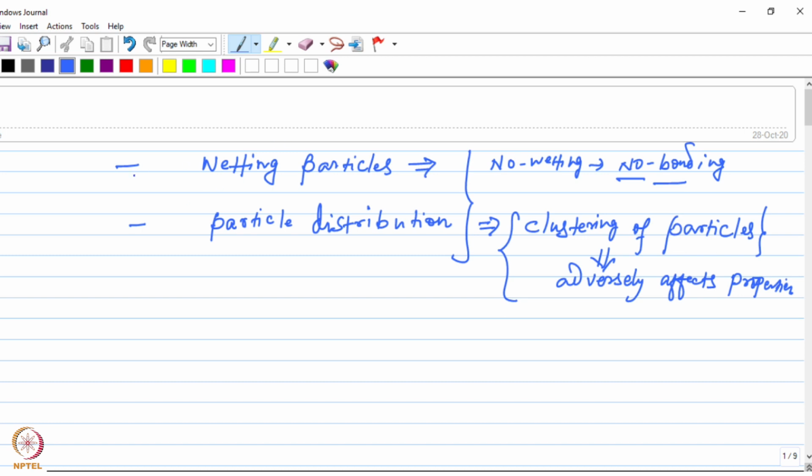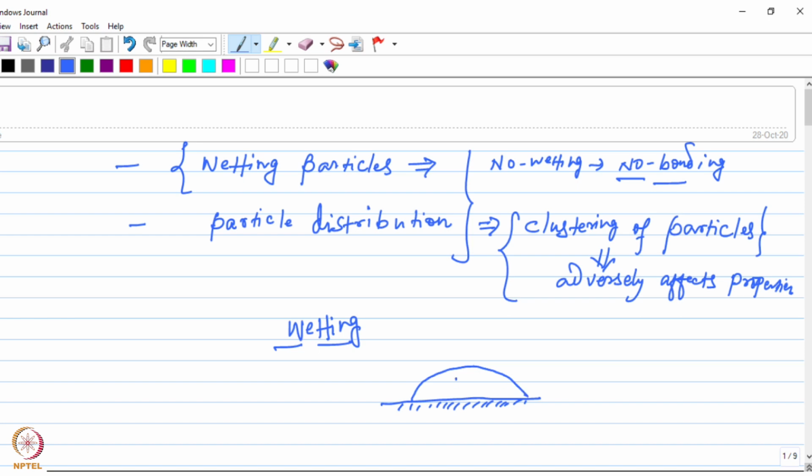So in order to ensure that you have wetting, you will have to look at the process parameters. And with regard to wetting, you will have to go back to this particular diagram again, where we have a solid surface which is coming in contact with the liquid.